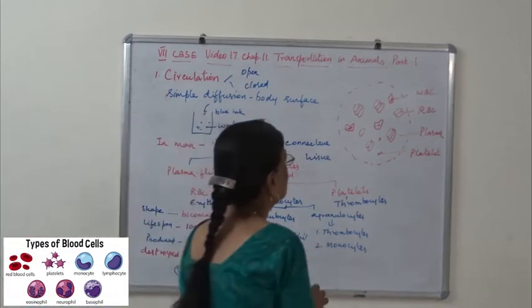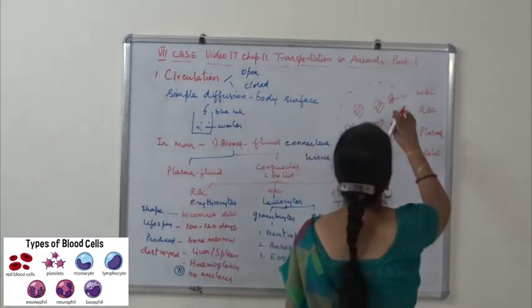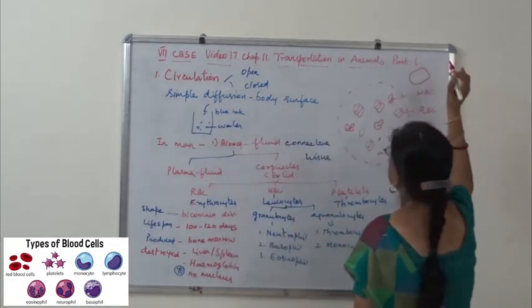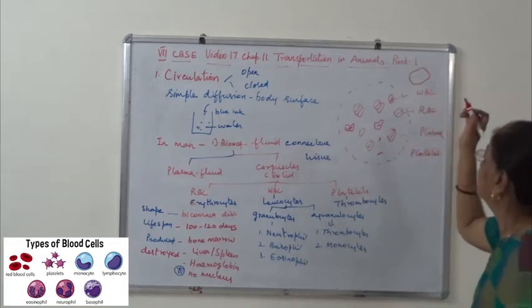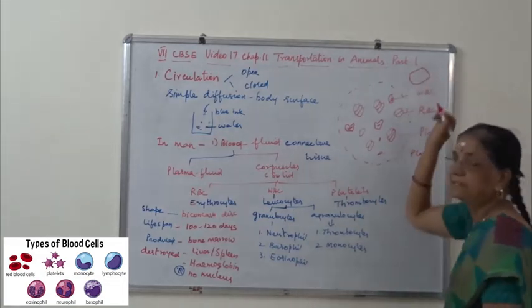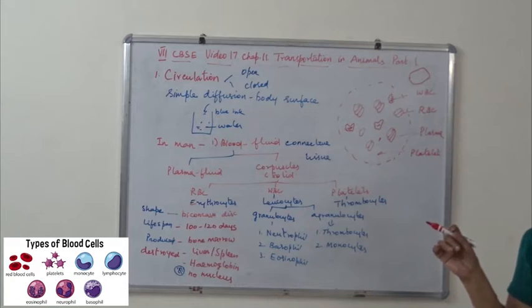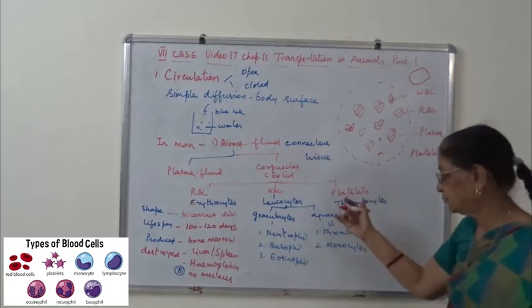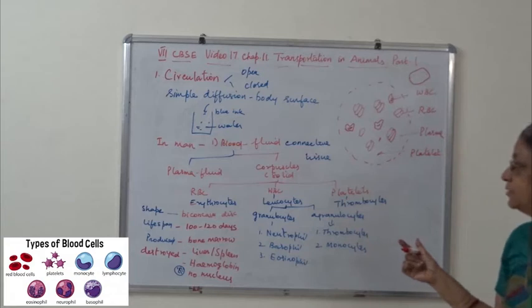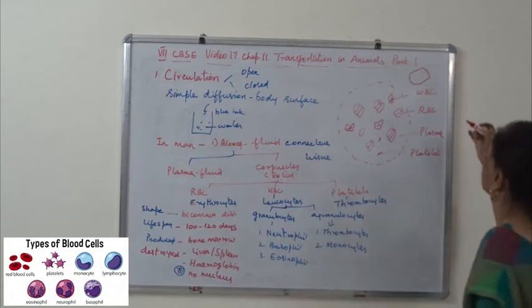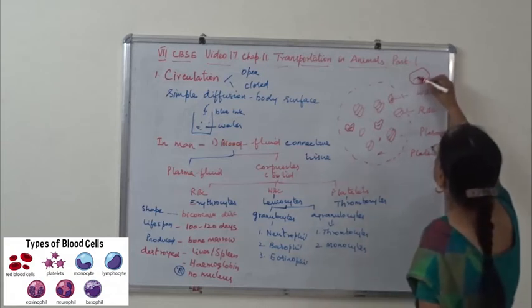Yeah. So now when we say this is WBC, the structure will be like this, right? And then the cytoplasm is somewhat granular in nature. So it is granulocytes. And those three, neutrophil, basophil and eosinophil, are granulocytes and they have lobed nucleus.